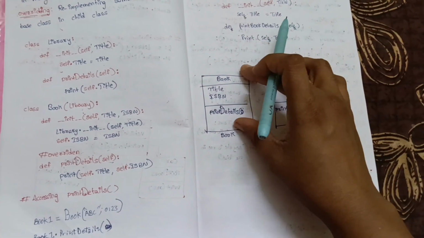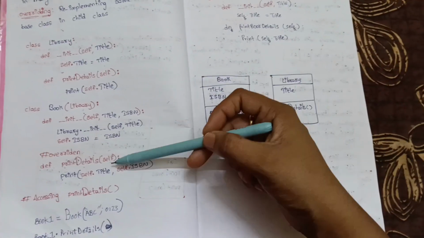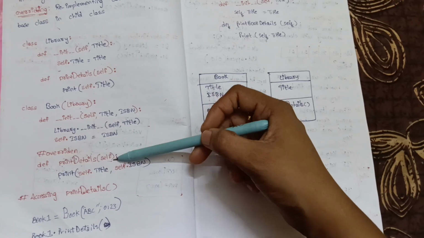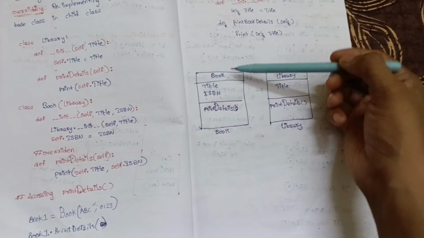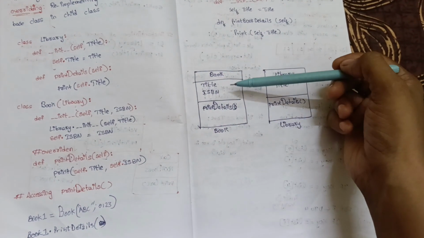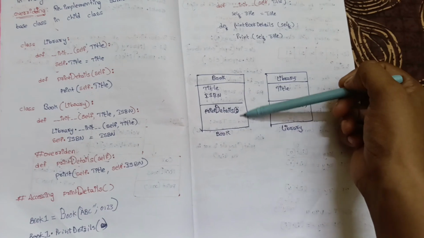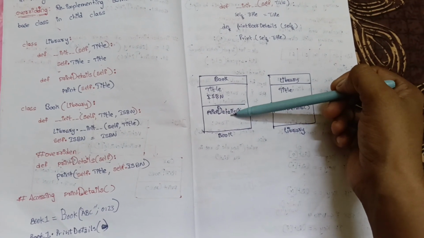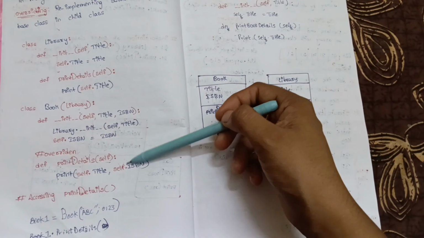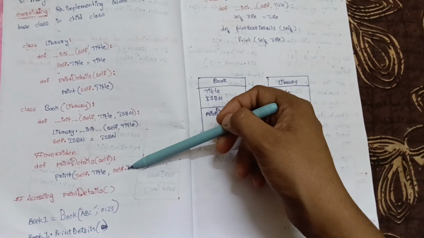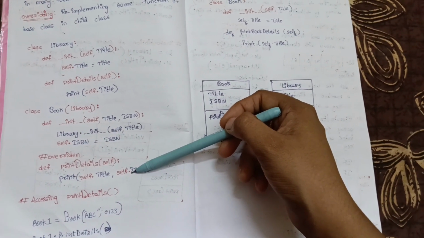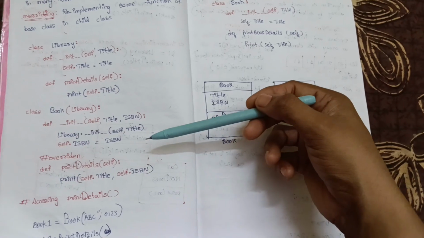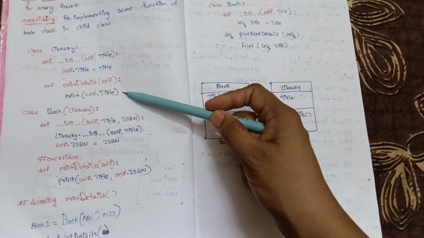We might think like that, but actually, if we write the same named method in the child class, then in the child class object's memory location, the print details method will have only the implementation of the child class function, but not the logic of the parent class function.